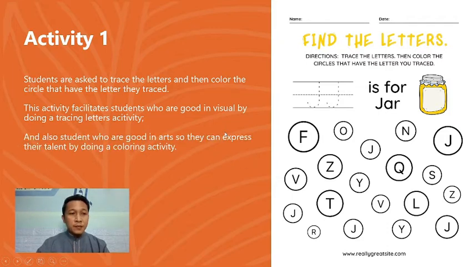In addition, it will also facilitate students who are good in arts because there is a coloring activity. Students who are good in arts can express their talent by coloring.